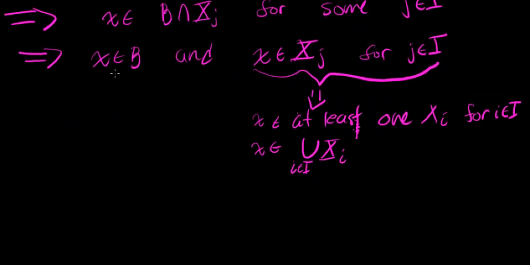And since x is also in B, by the definition of set intersection, x is in B intersect the union of i in I of all x sub i.